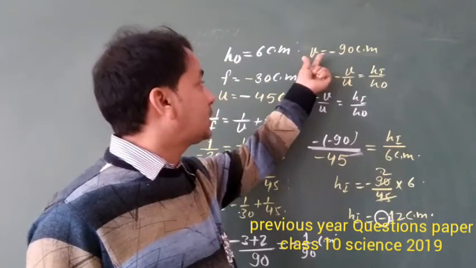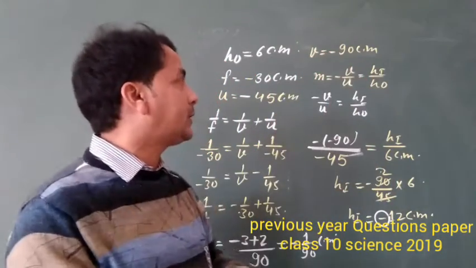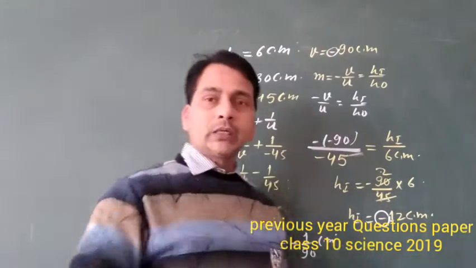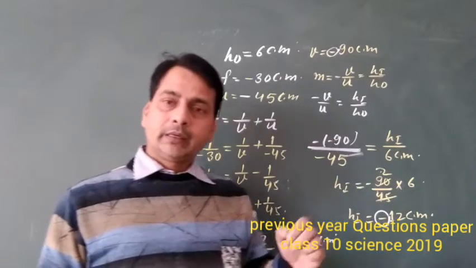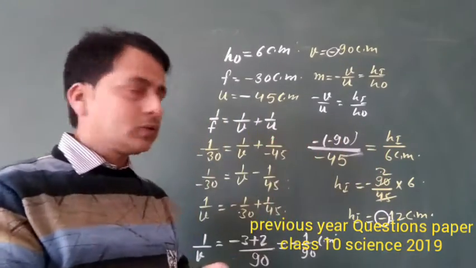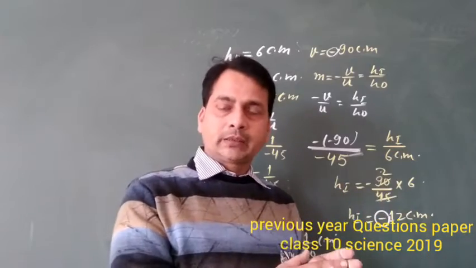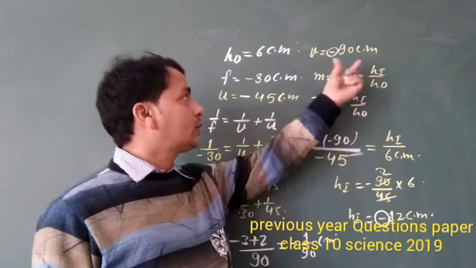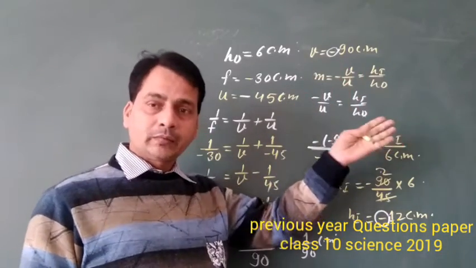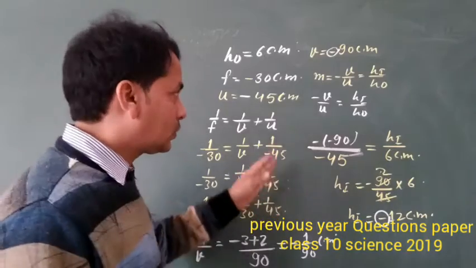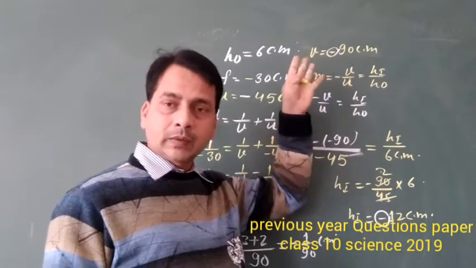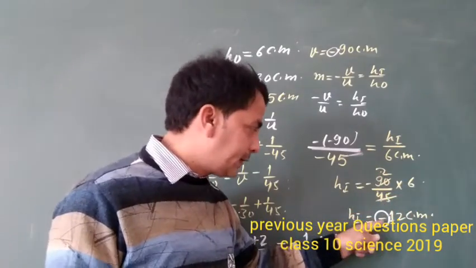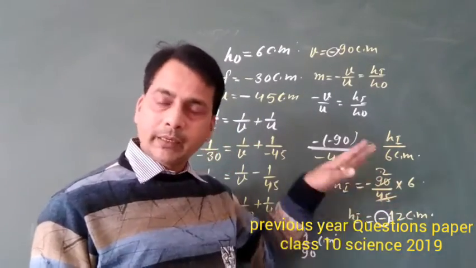And the nature of the image: first, the image distance is minus 90 centimeter, and here the negative sign also indicates the position of the image is on the same side of the object where the object is placed. So object and image both form in front of the mirror. So that is the nature of the image is real, and the negative sign also indicates inverted.